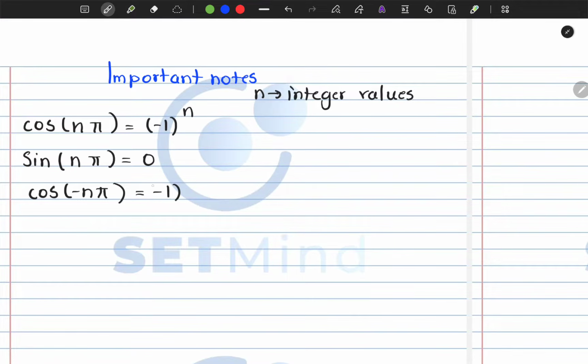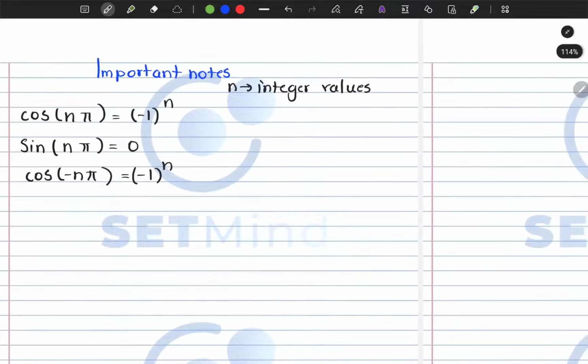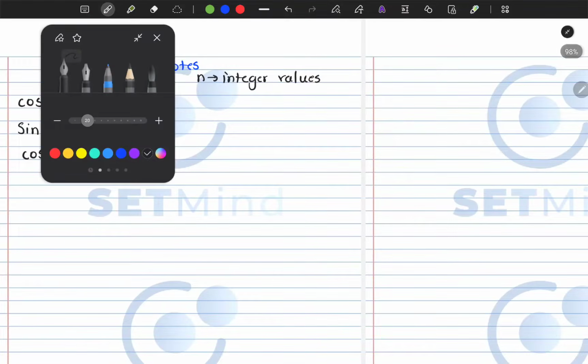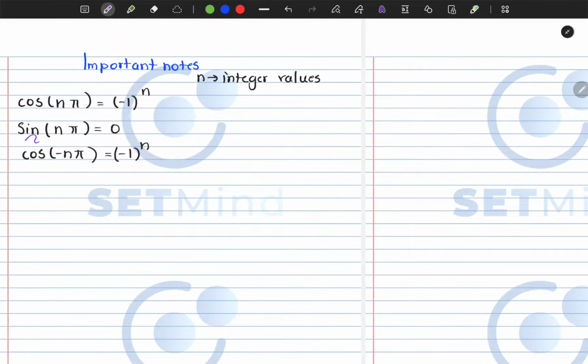This just becomes -1 to the power of n. So this is very important for you to keep in mind. Another aspect that I need you to keep in mind is integration by parts, because we will need it as part of our problem solving.